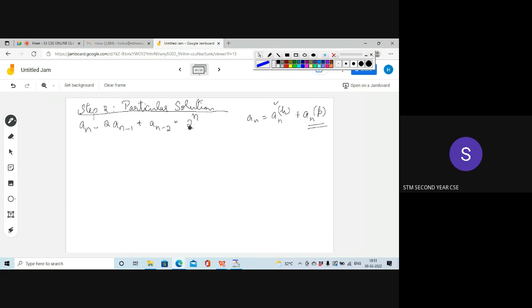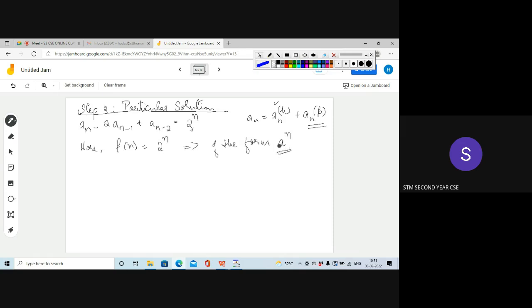There are several cases. When this is a constant, we had one method. When this is a polynomial, we had case two. Now this is an exponent form. Then what are we going to do? Here we find that the function on the right hand side, f of n, is equal to 2 raised to n. So this is of the form a raised to n.